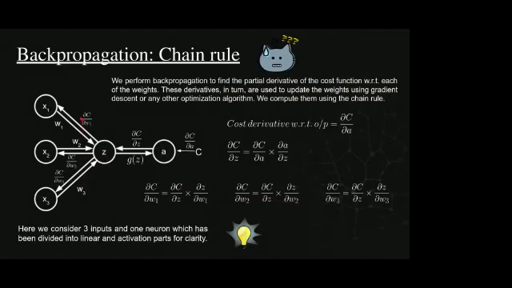Since w2 and w3 are at the same level of the neural network, that is in the same layer, they can be calculated in a similar fashion. So here we have just w2 instead of w1 and w3 instead of w1 again. So I hope this part is clear. If yes, then we'll move on. I'll just give you a second to look at the slide.